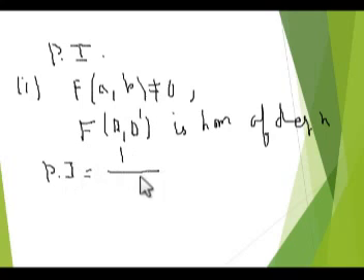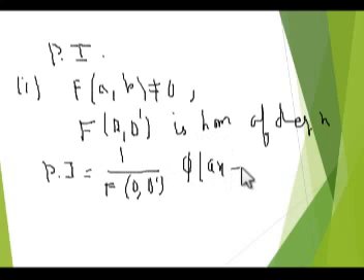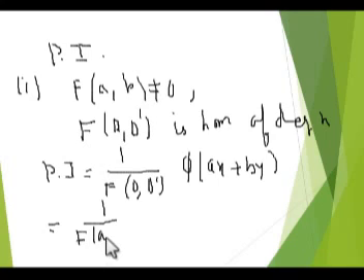1 by f(D,D'), phi of ax plus by. So it can be further reduced in this way: 1 by f(a,b) phi.